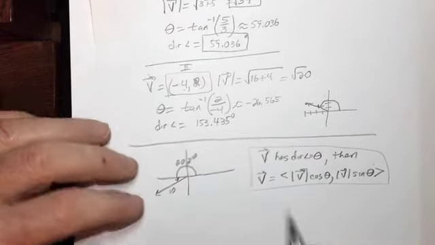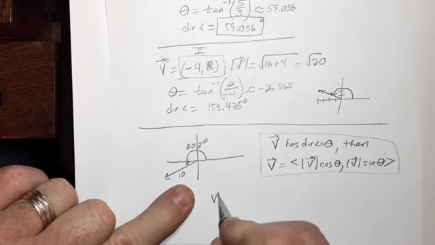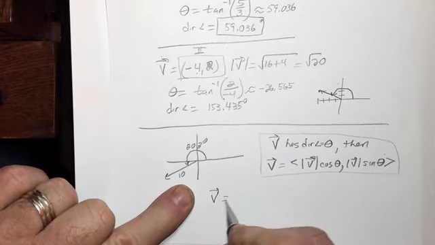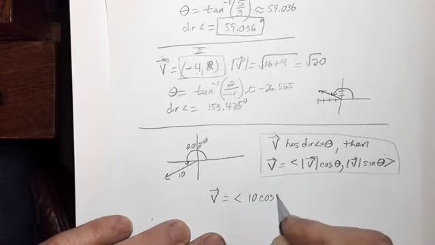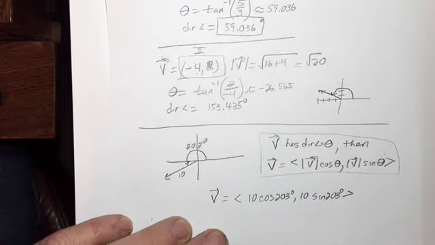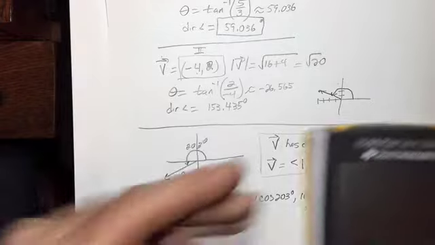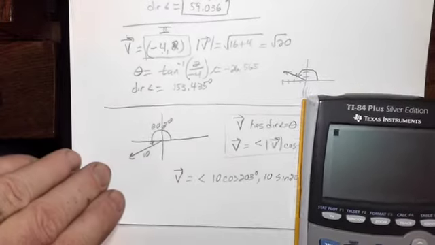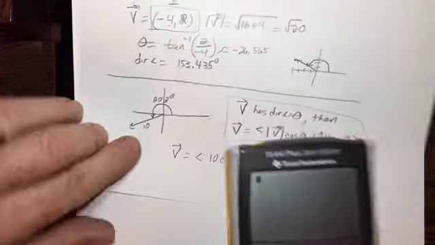So let's look at an example. I know then that the component form of v would be 10 times the cosine of 203, 10 times the sine of 203 degrees. You just take your calculator and do each one of those.